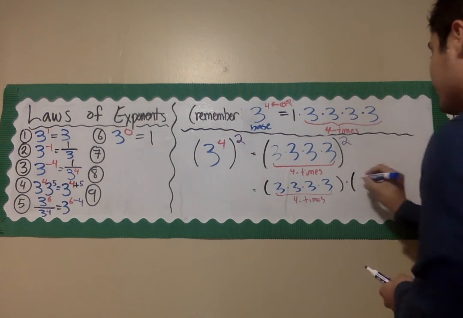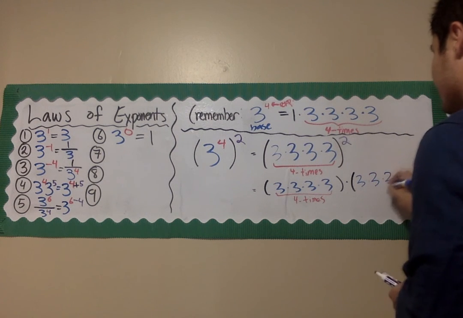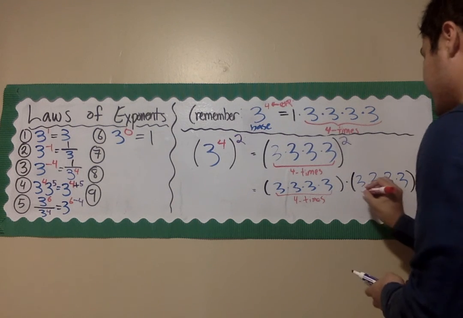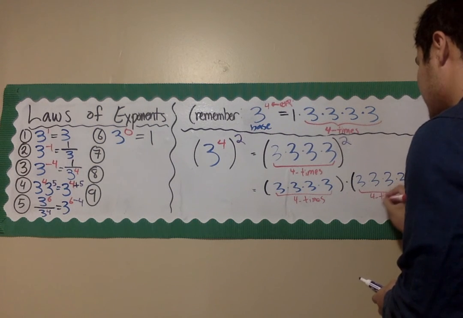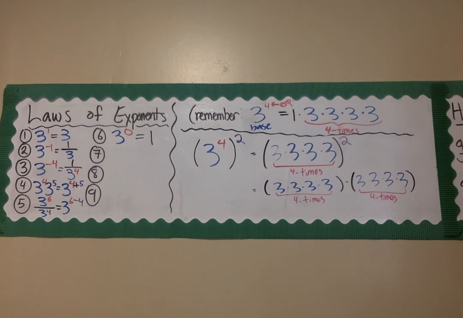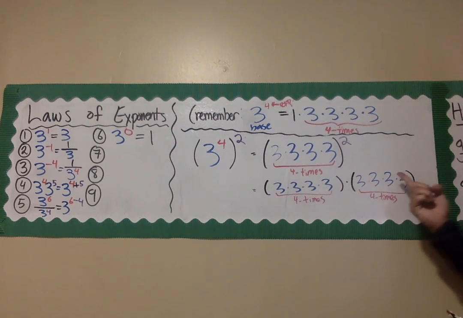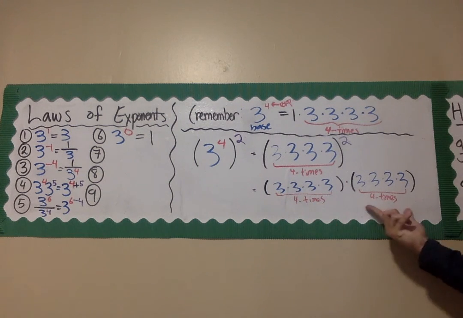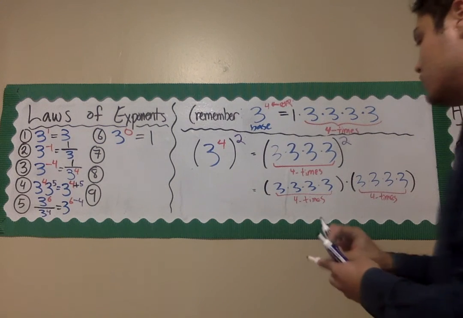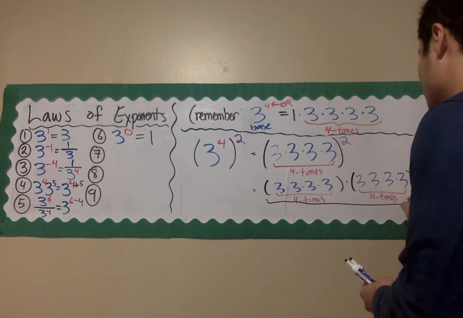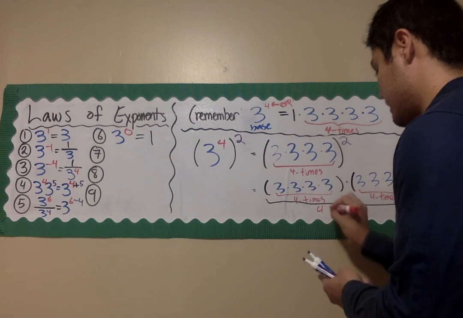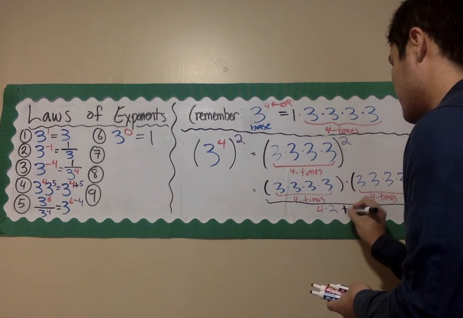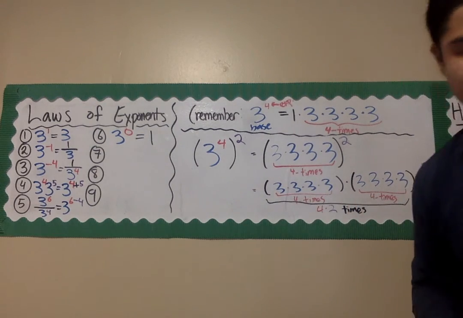So I'm going to do it again. 3 times 3 times 3 times 3. And this is again 4 times. So if you count how many 3s there are, 8 3s. And that is because we have 4 times twice. So in other words, in total, we have 4 times 2 times, or 8 times.